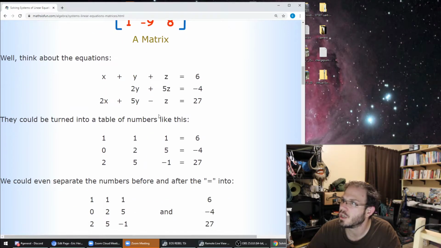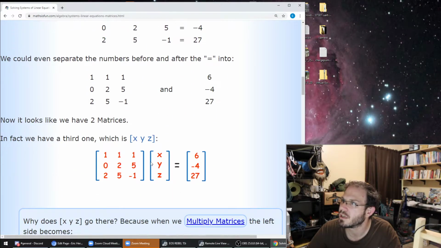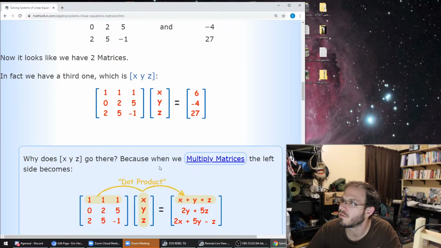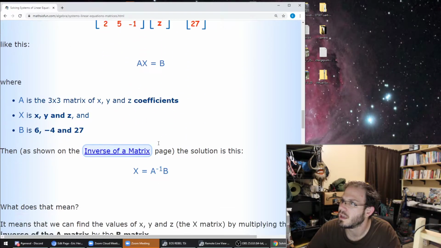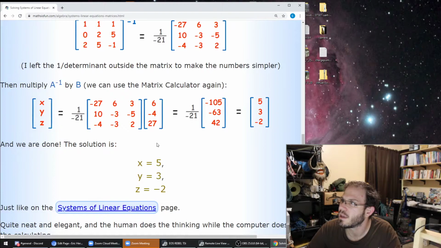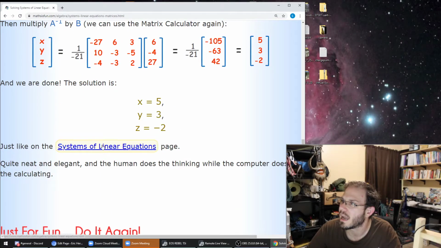And then you can turn it into a matrix where you take out those coefficients and plug them into a 3 by 3 matrix. And then you can go ahead and solve using the dot product, and you can get your answer here at the end of the day.